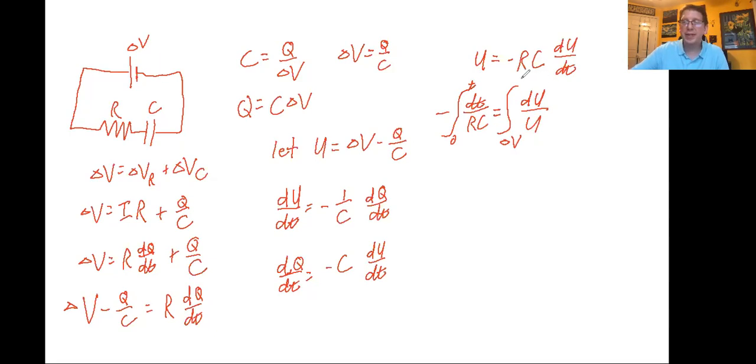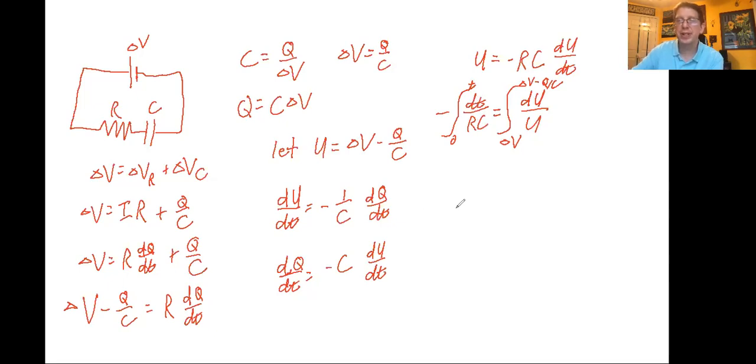But then at a time t, it's delta V minus Q over C. And so Q is a function of t, and delta V is constant. So these are easy integrals to integrate.